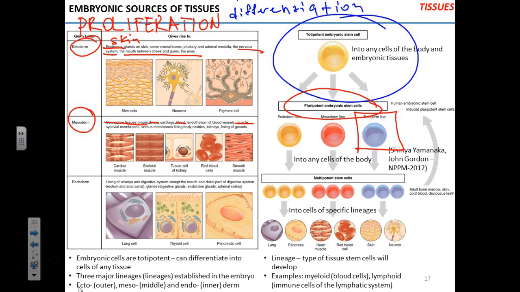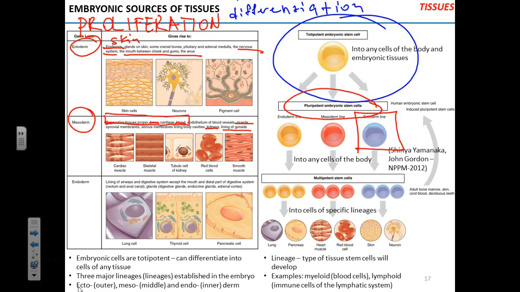Muscles, synovial membranes in the joints, serous membranes, kidneys, and gonadal lining. Again, these are organs which you have to relate to mesoderm for exam purposes, about which I can ask you.